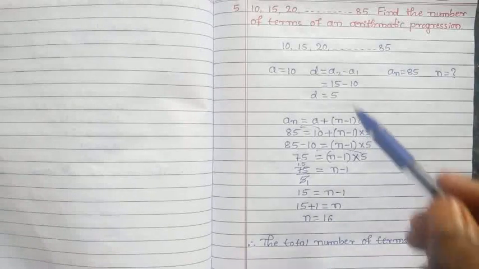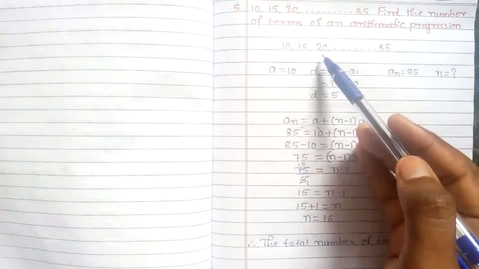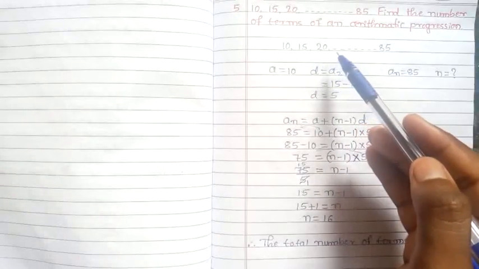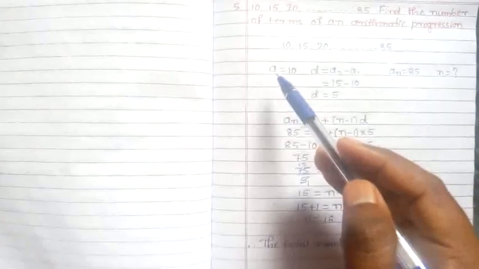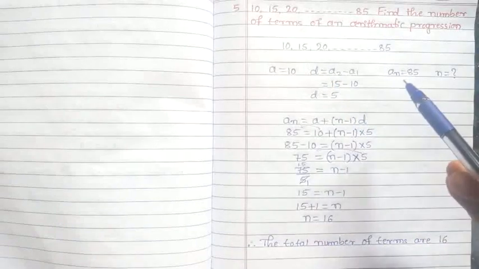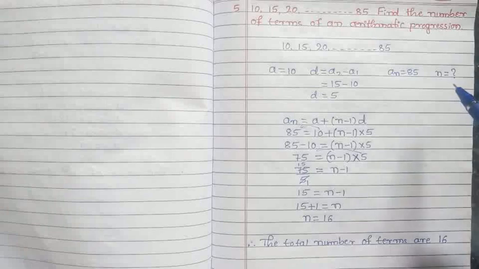Now here they are given an arithmetic progression. In this arithmetic progression we have to calculate the total number of terms. Here we know that a is equal to 10, d is equal to 5, an is equal to 85, which is the last term. Then we have to calculate the number of terms, n is equal to question mark.